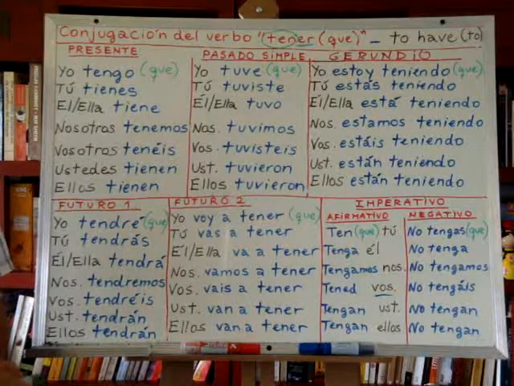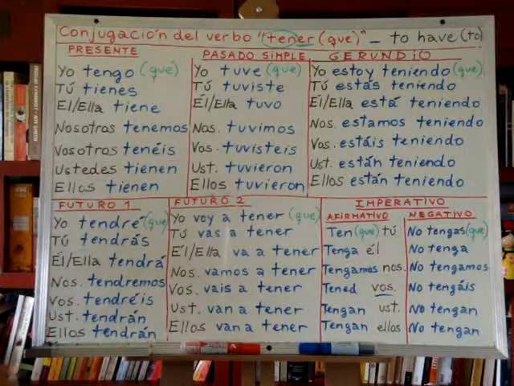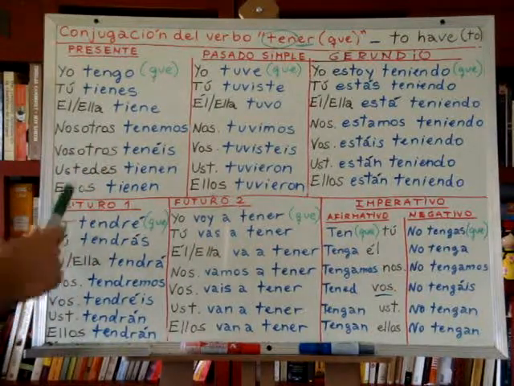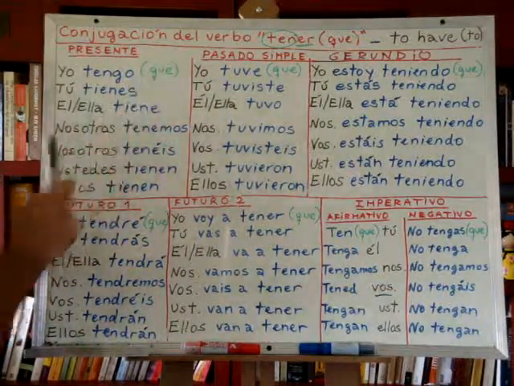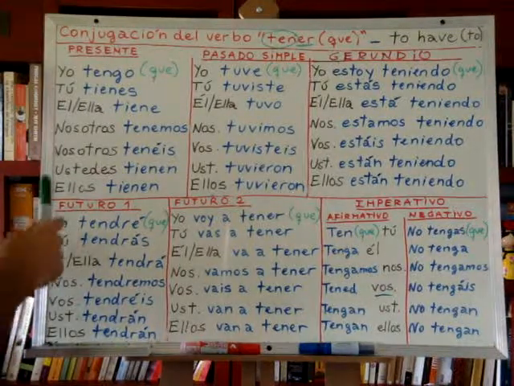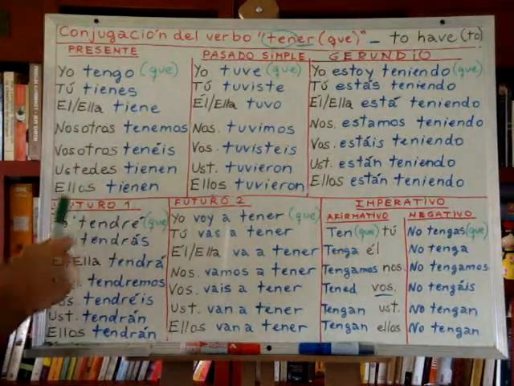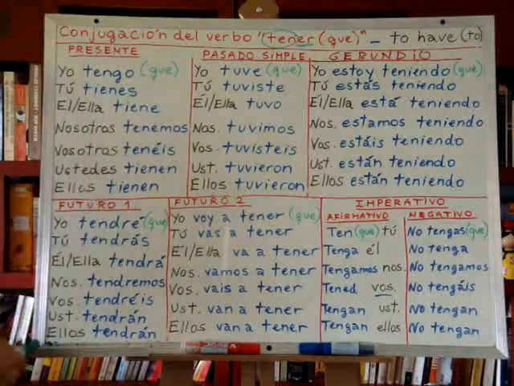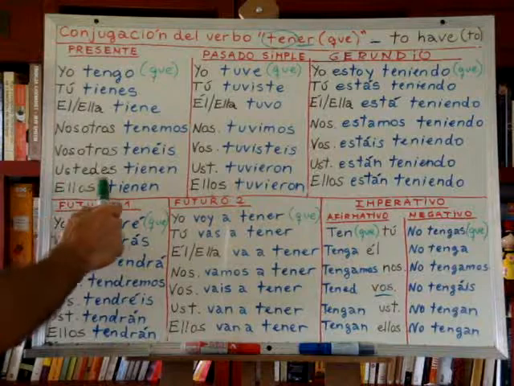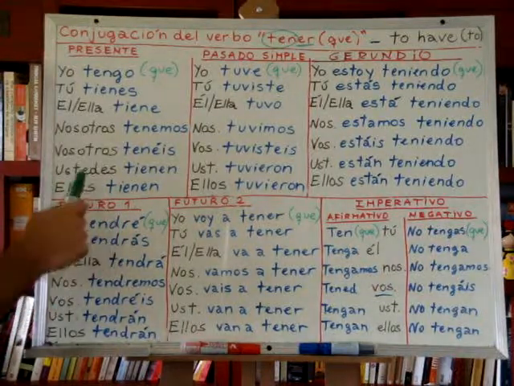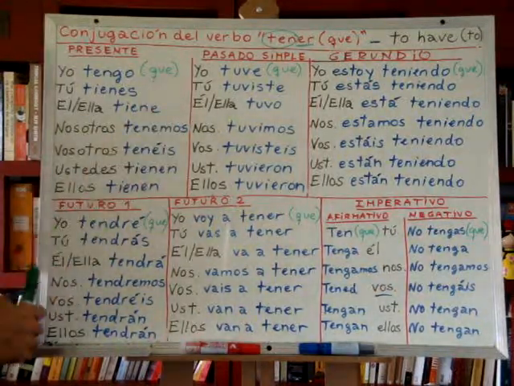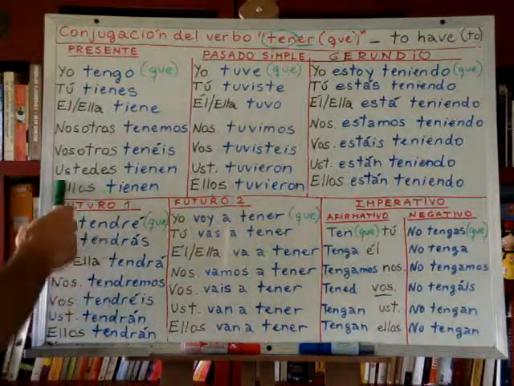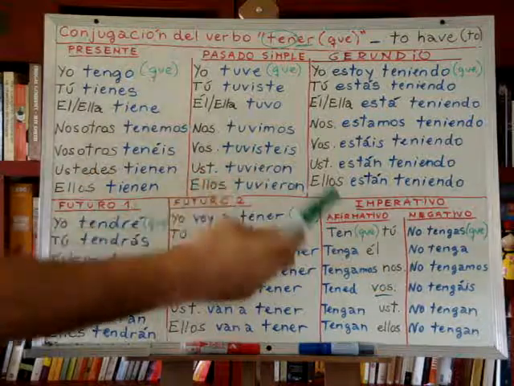We have, or we have to. Vosotros tenéis, you have. Vosotros tenéis que, you have to. Ustedes tienen, you have. Ustedes tienen que, you have to. And ellos tienen, they have, ellos tienen que, they have to. For example, they have to go, ellos tienen que ir, right?